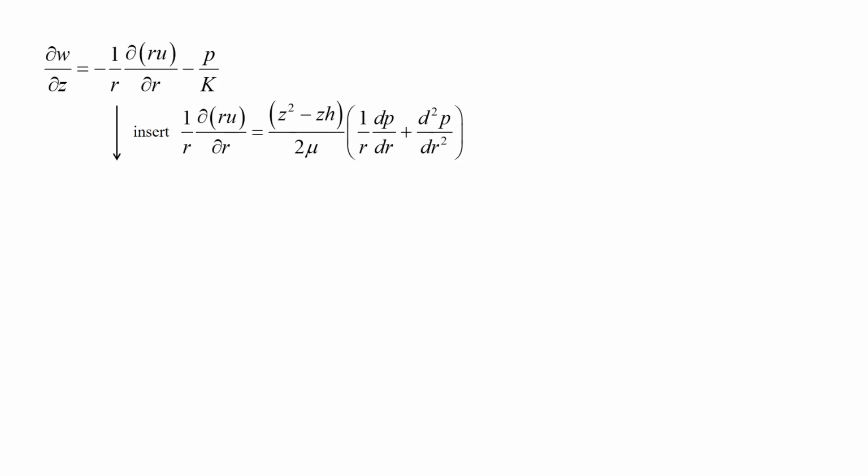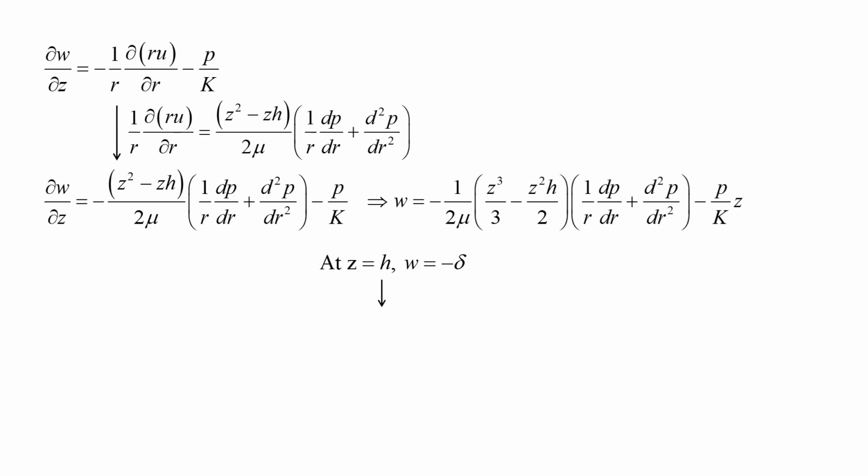Let us now find out the w. Now at z is equal to h, w is equal to minus delta, because delta is going inside the film, in the negative z direction. So, this is equal to minus 1 by 2 mu, and z cube gives h cube by 3 minus h square by 2, so it is actually minus h cube by 6.